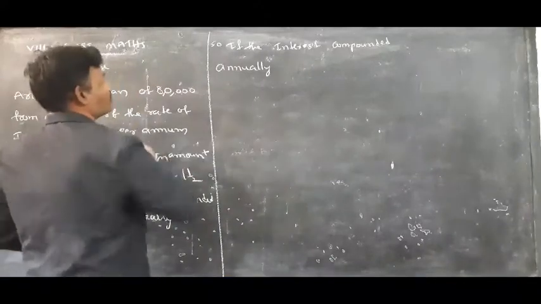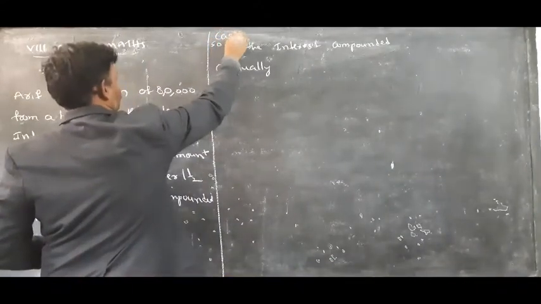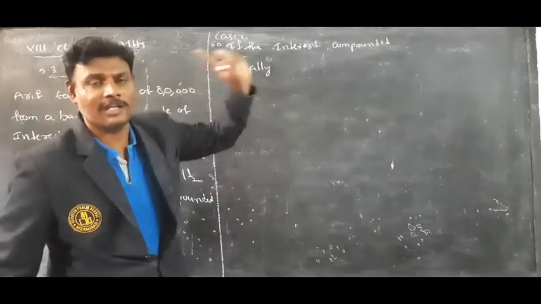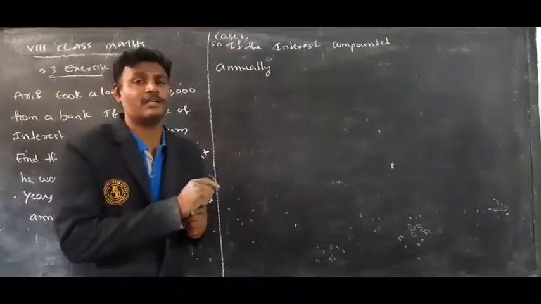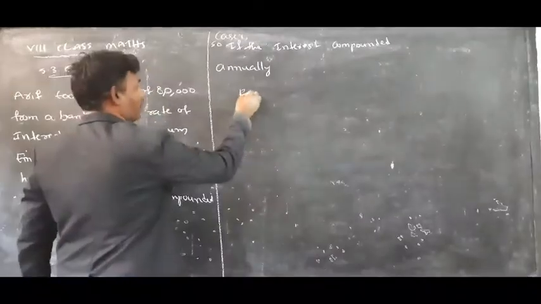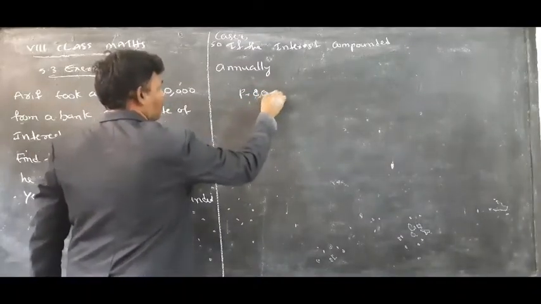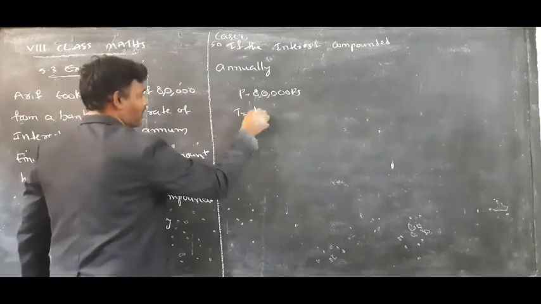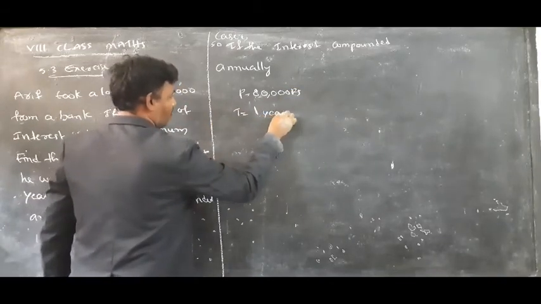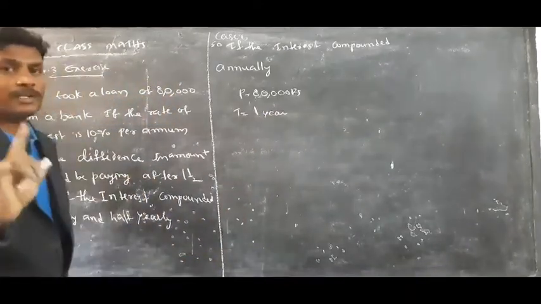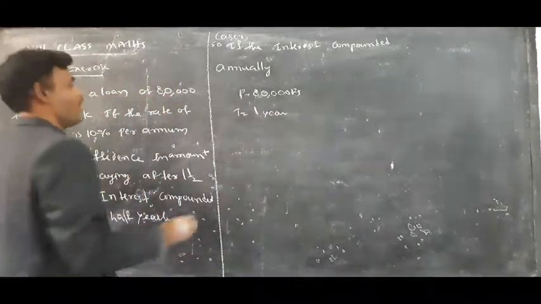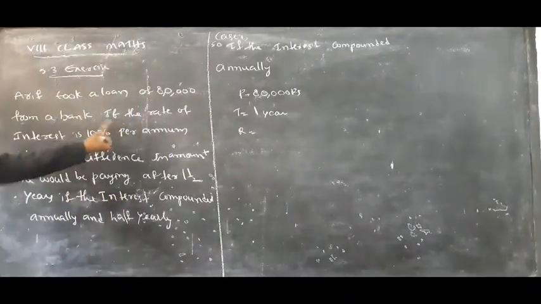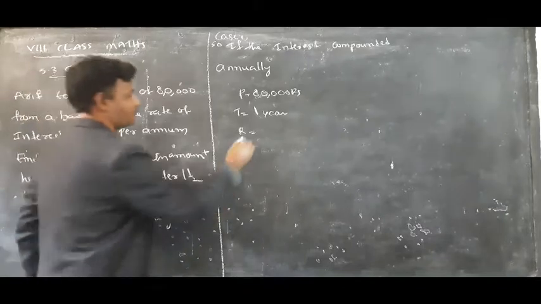So for the first case, if the interest is compounded annually, the borrowed amount P is equal to 80,000 rupees, the time period is 1 year because interest is compounded annually, and the rate of interest is 10%.